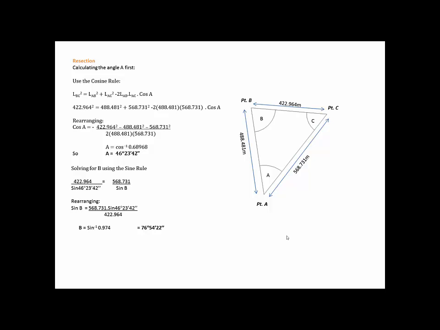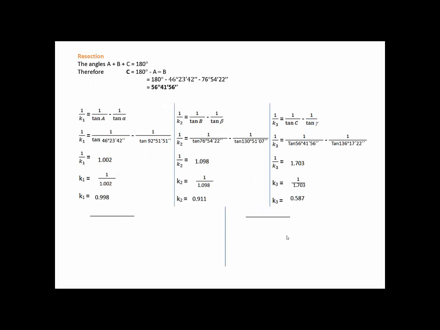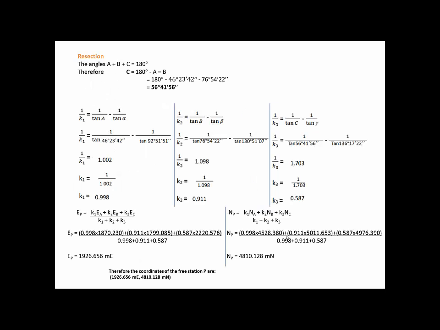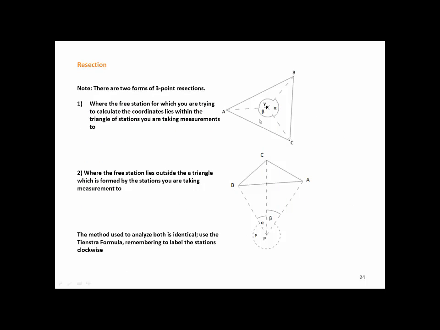All the steps are here. You can follow them if you need to. It doesn't matter whether your new point P is in the middle of those three known points or it's outside of those three known points. The procedure is identical, it's exactly the same.